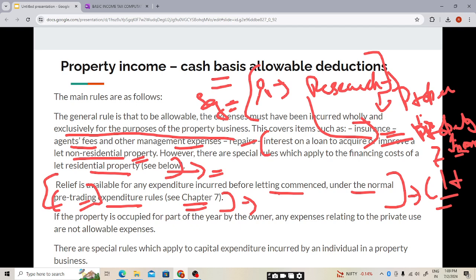But what you can do, the pre-trading expenses which you already paid before letting your property, you can reduce when you receive your property income, in the year in which you tax your property income. Clear with this? Now we'll be moving forward with our other rules.